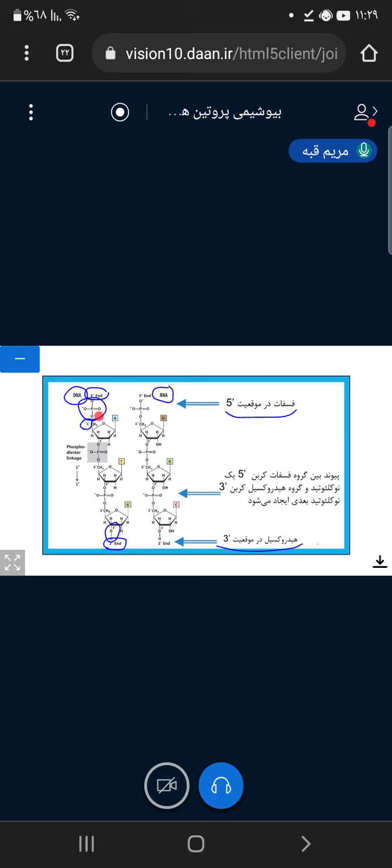There is always a phosphate at the 5 prime end of DNA or RNA, and there is always a hydroxyl group at the 3 prime end of DNA or RNA.